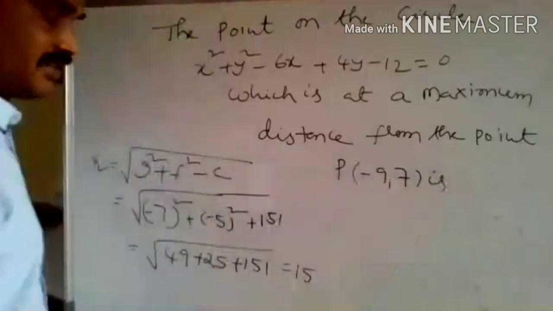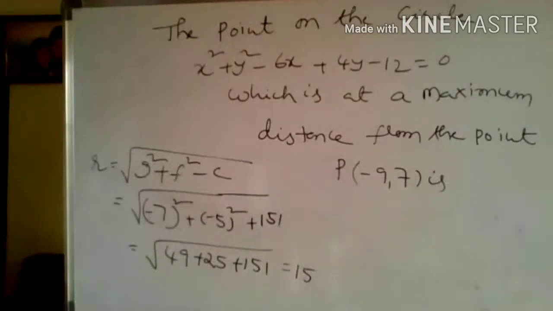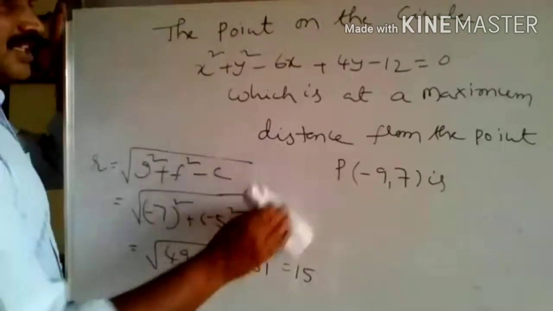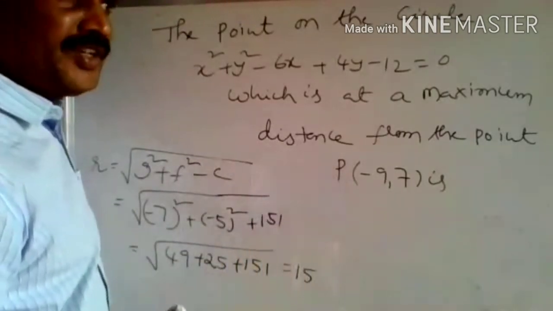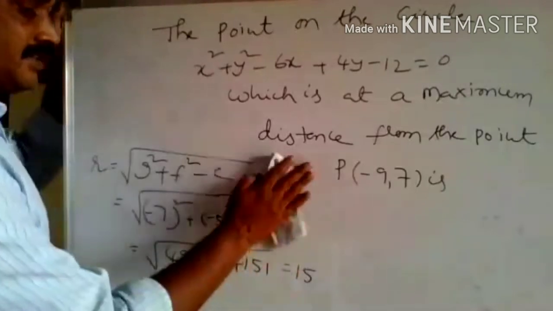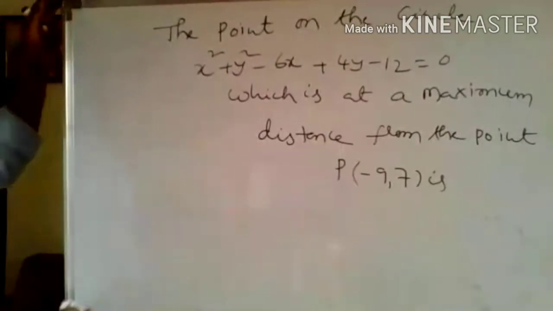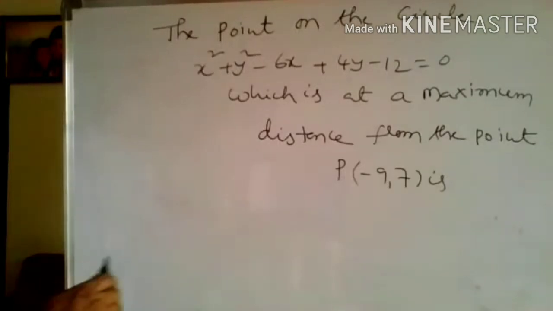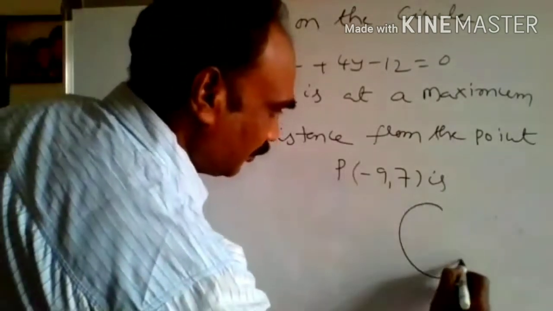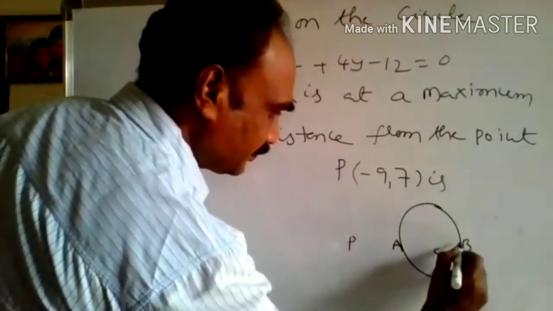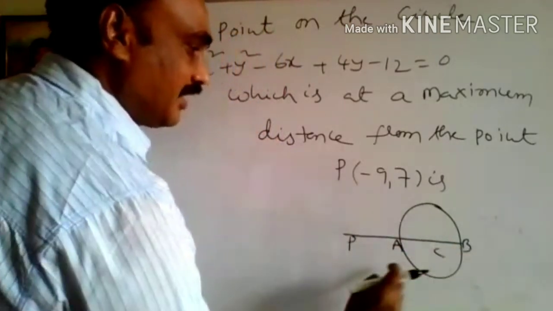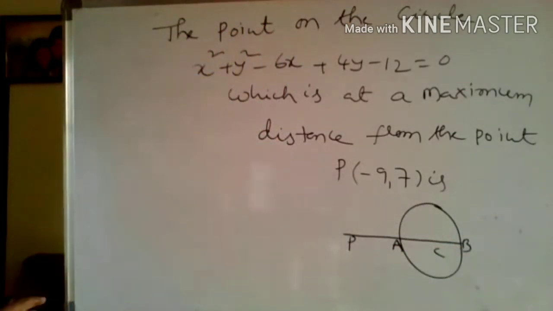Here we calculate the maximum point, not the maximum distance. Calculate point B. This is point A. This is point P. So B divides P in the ratio... okay, first calculate the radius and center.